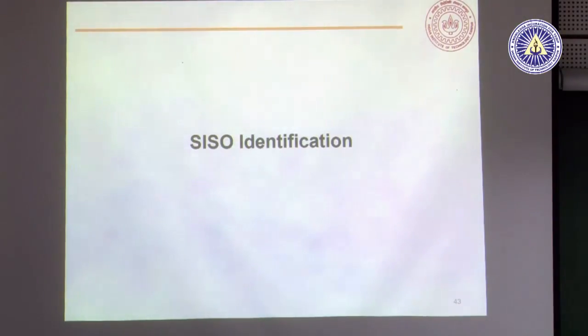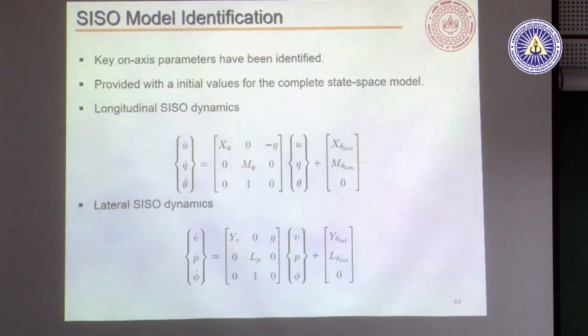Initially we start with simple seesaw identification. We just do identification in a single axis, because that gives you some simple information which you can easily see, and confirm that things are going fine. It also helps you learn the software, how to operate it and so on. So we normally do that first, and we identify key on-axis parameters. This is longitudinal seesaw dynamics: u dot, q dot, theta dot, just the longitudinal alone.